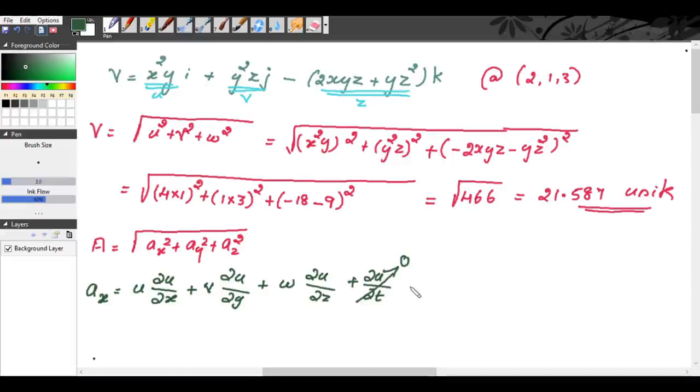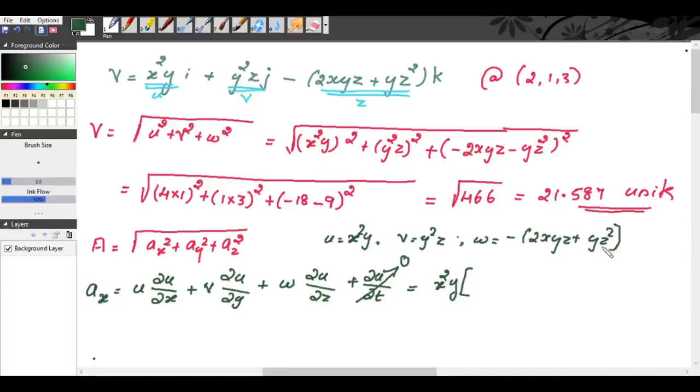So what we get is, now what is u? We have determined our u as x square y, right? So we will write here u is equal to x square y, v is equal to y square z and w is equal to minus 2xyz plus yz square.